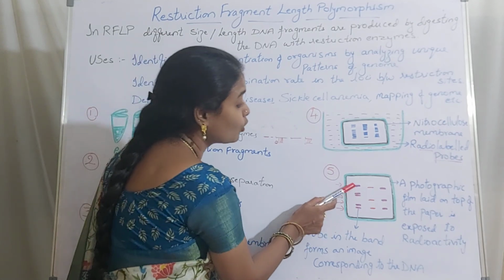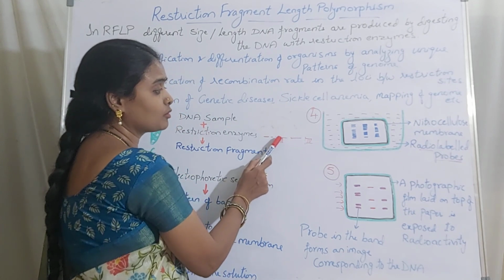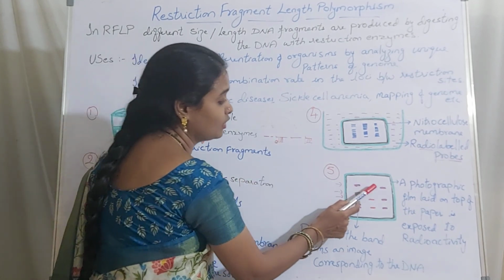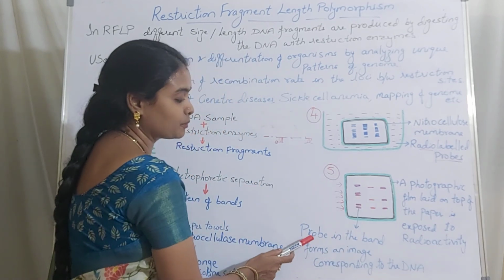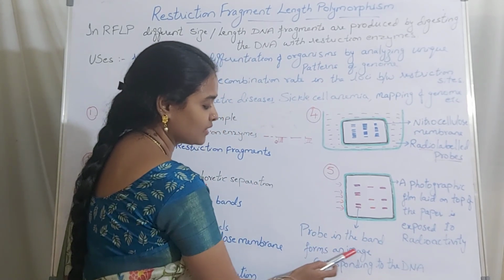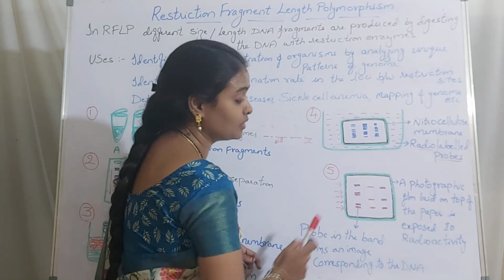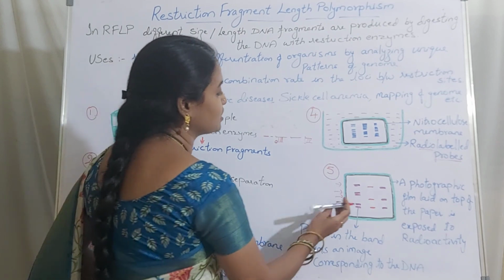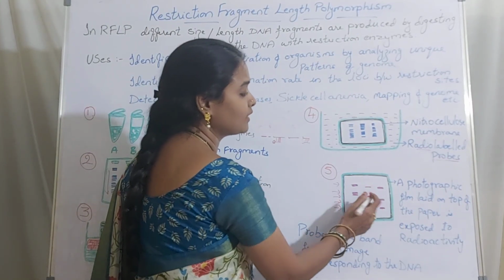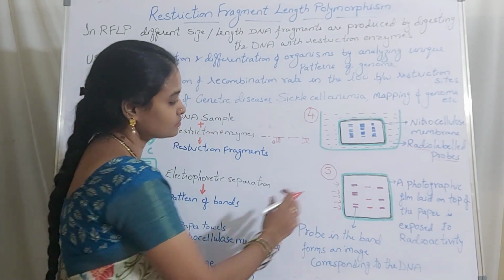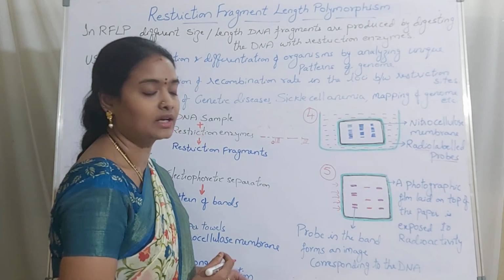Only the radio labeled probes which are bonded to the specific DNA are shown in the image. That means the probe in the band forms an image corresponding to the DNA. To the specific DNA we want, these complementary radio labeled probes have gone and tagged, because of which you can see the image over the photographic film.